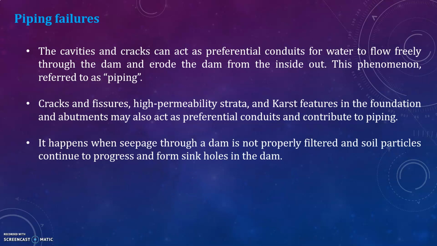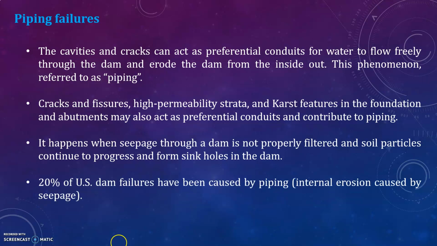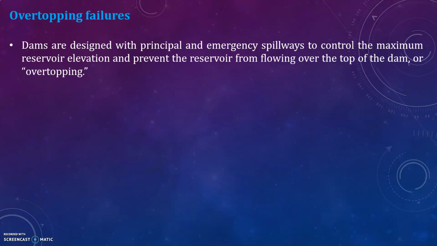It happens when seepage through a dam is not properly filtered, and soil particles continue to progress and form sinkholes in the dam. 20% of the US dam failures have been caused by piping, internal erosion caused by seepage. Okay, so this is about piping failures.